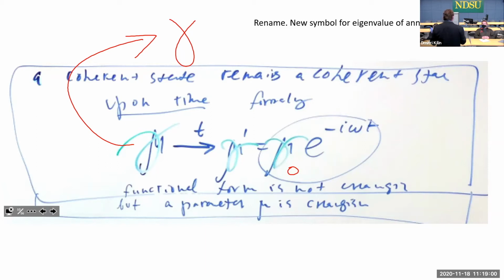Very different from the eigenvalues of the energy operator, which are static. The eigenstates and eigenvalues of the annihilation operator are dynamic. They just evolve. The slide that is offered, with this ugly handwriting and with the substitution of mu to gamma, reflects the same story. So the eigenvalue of the annihilation operator evolves in time by accumulating phase.